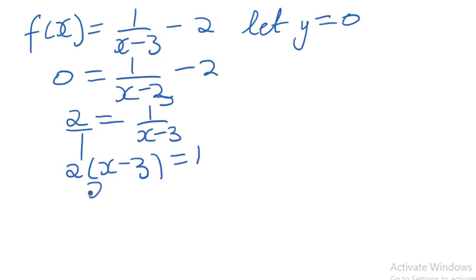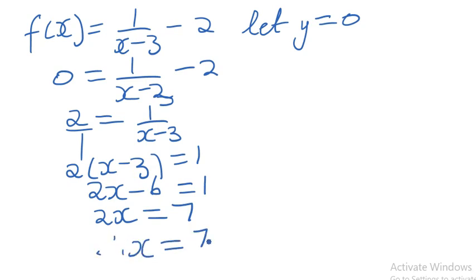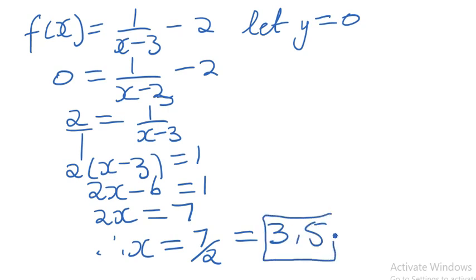If you remove the brackets, you'll have 2x minus 6 equal to 1. 2x is equal to 7 when you transpose 6, and the final answer will be x is equal to 7 over 2. You can simplify that answer to 3.5.